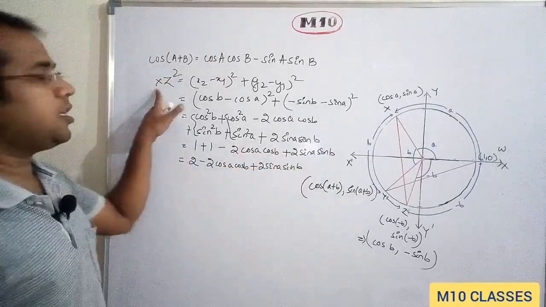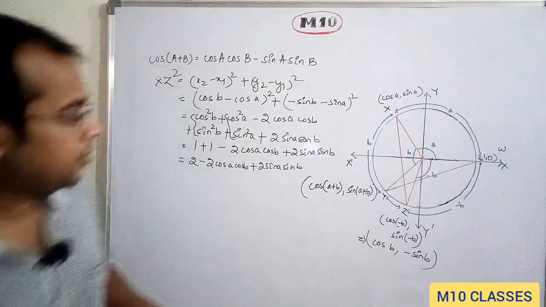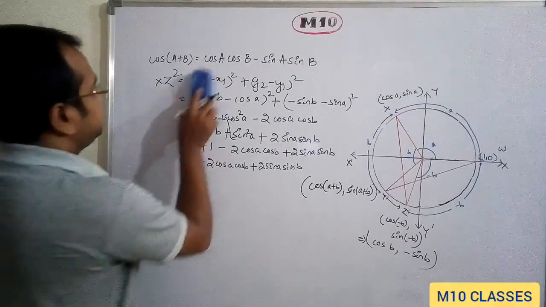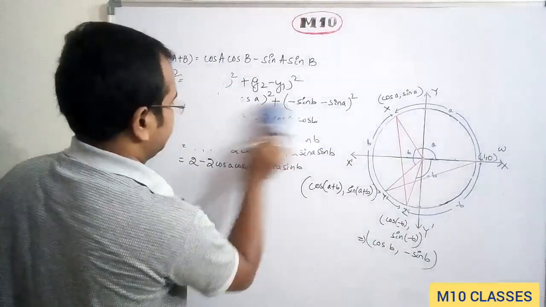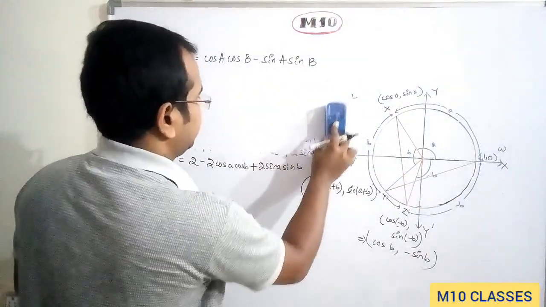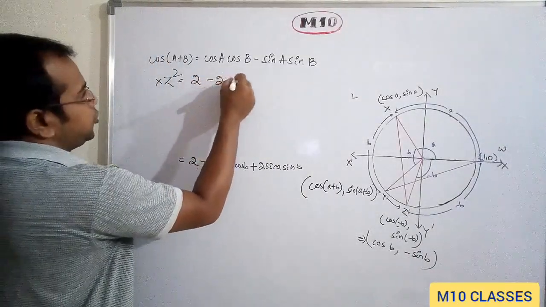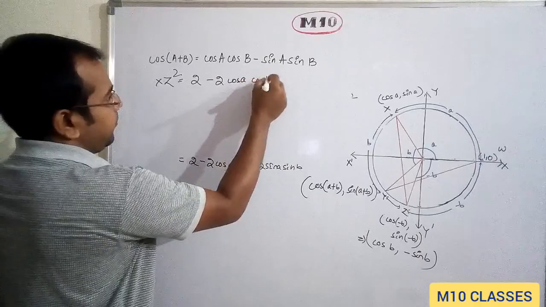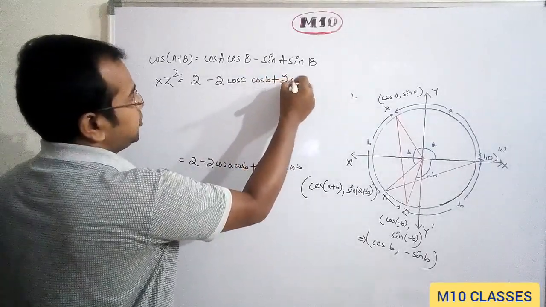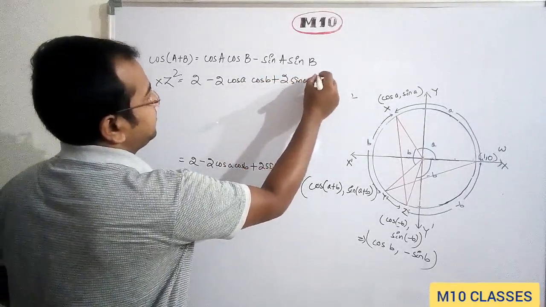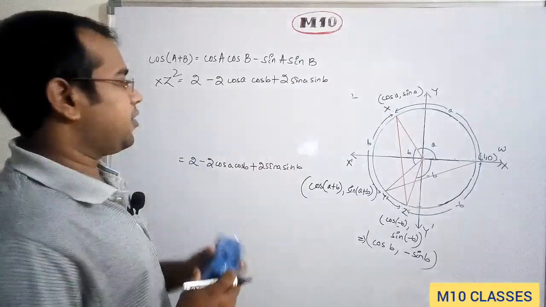This is the result for XZ square. So I can write it here: XZ square is 2 minus 2 cos a cos b plus 2 sine a sine b.